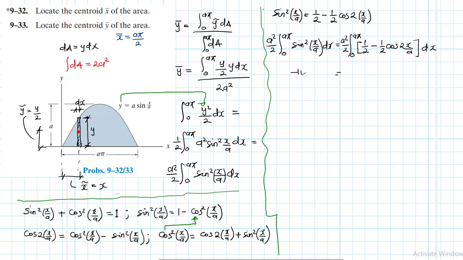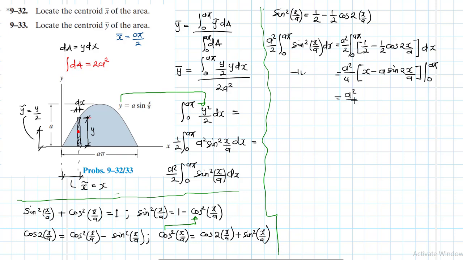So let's integrate it. We can factor out the 2 again, so that we have a squared over 4, and then after the integration we have x minus a over 2 times sine 2x over a, integrating from 0 to a pi. So let's feed in these constants.